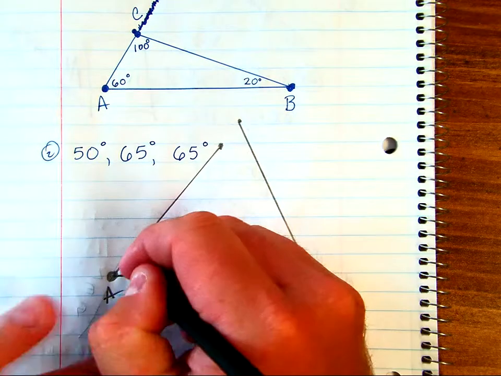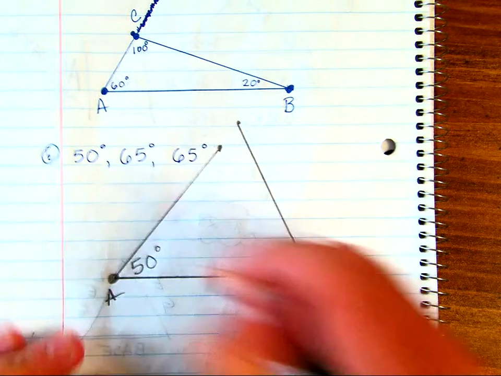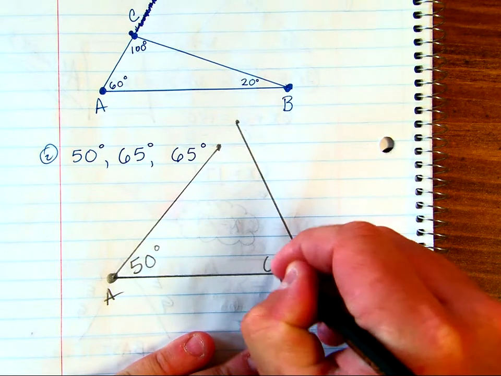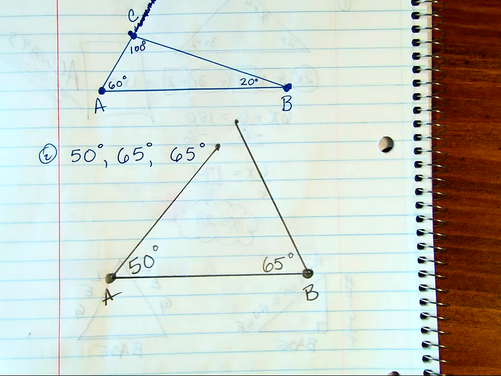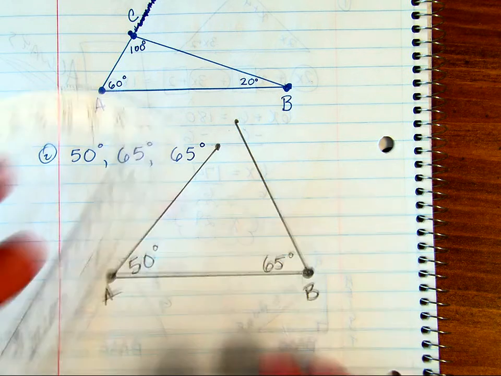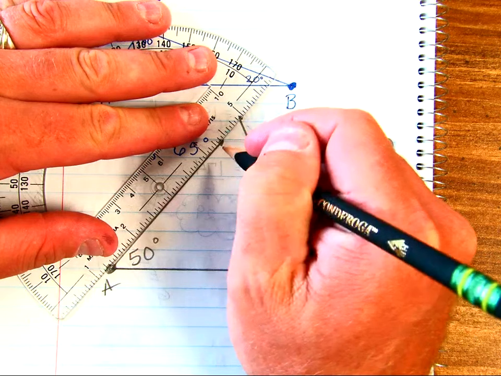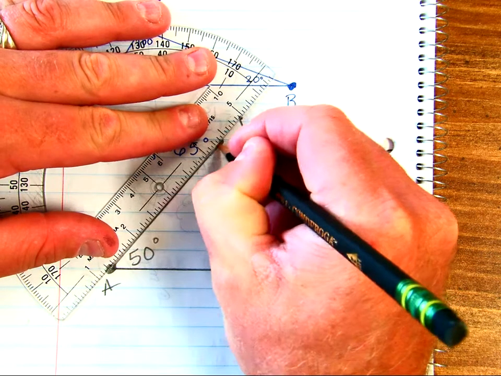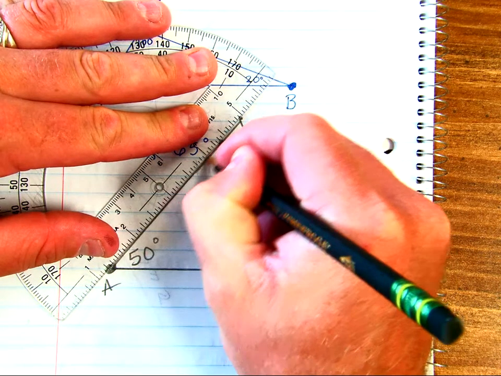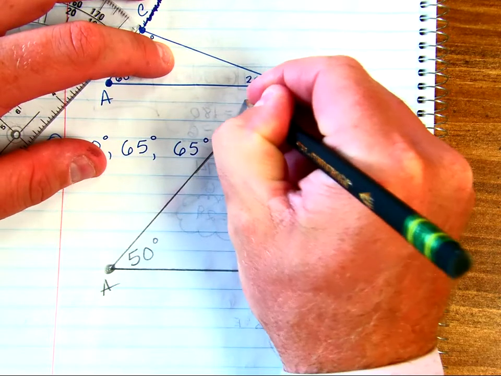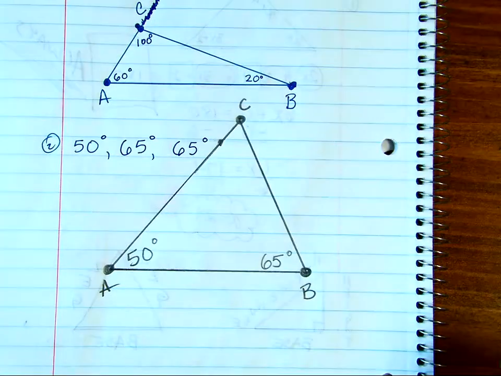What happened? Look at that. Is that a triangle? No. So what am I going to do? Right. Just extend this a little bit further. And there you go. There's letter C. And then this is also 65 degrees.